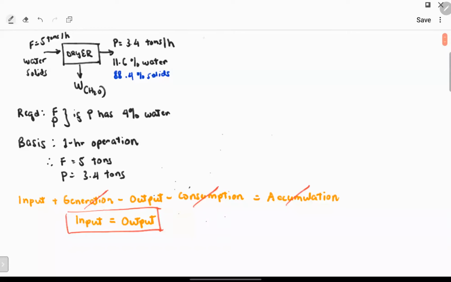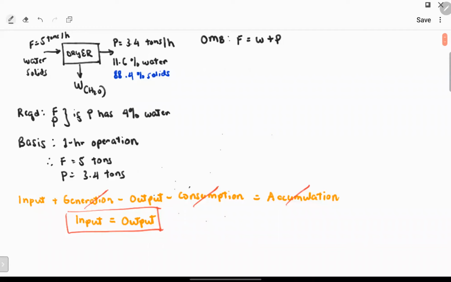So overall material balance. If you take a look at the process flow diagram, overall, what do we put in, what do we remove? So in symbols, we have F as entering, and at the outlet, it's W plus P, or the water plus product.